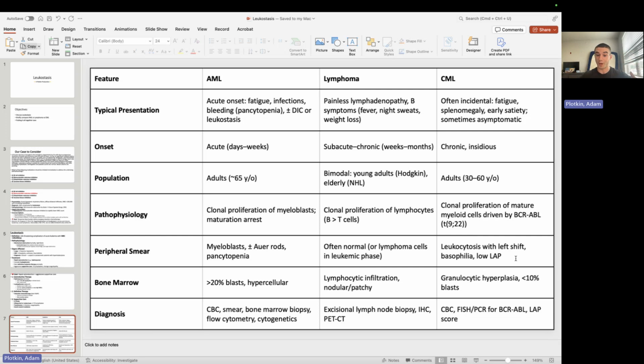In leukemoid reaction, right, because the vast majority of my white blood cells in circulation are going to be mature, they have a large amount of leukocyte alkaline phosphatase. That is an enzyme found in mature white blood cells. So the LAP level is going to be high in a leukemoid reaction. In CML, the LAP level is actually low because what's the problem in CML?